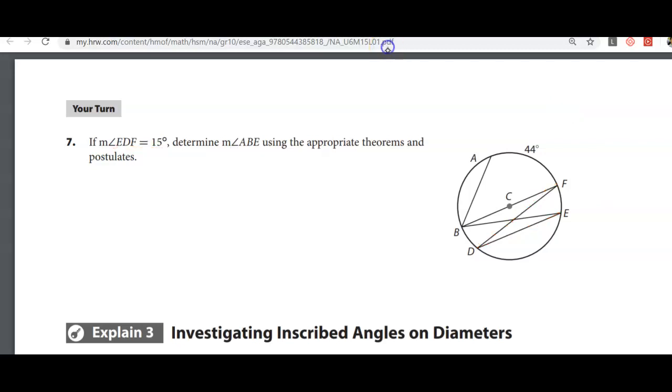Sorry, I'll still go red here. EDF, this guy right here, is not 15 degrees. That would be the inner circle. This guy right here is going to be 30 degrees. So this guy right here, that's who we're talking about with EDF, sorry, is 15 degrees.